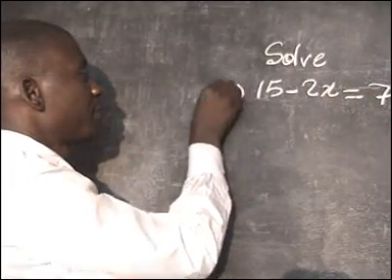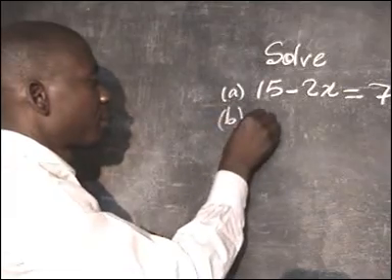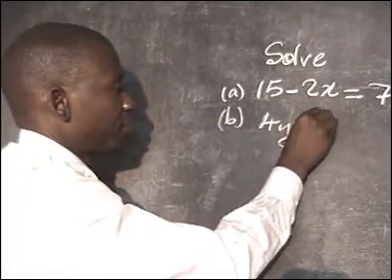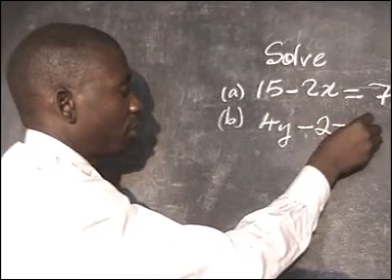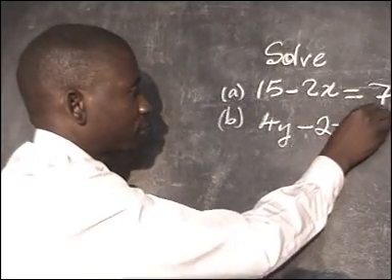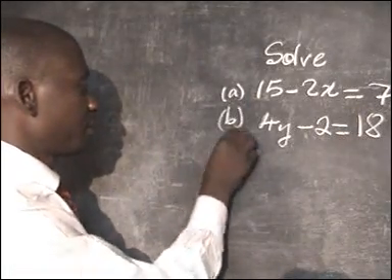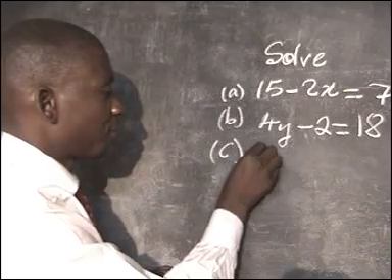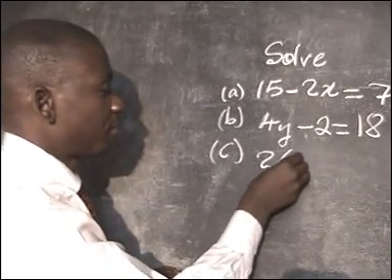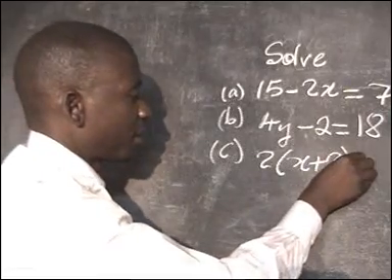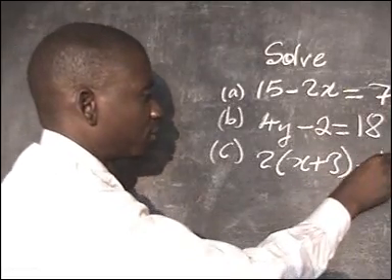B, 4y minus 2 equals 18. And C, 2 outside the brackets, x plus 3 inside the brackets, equals 12.